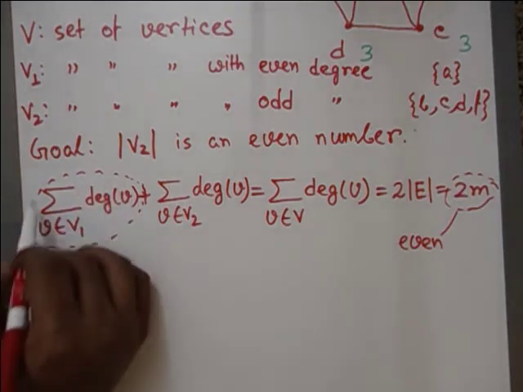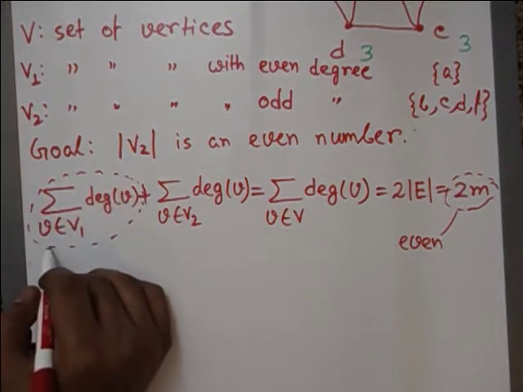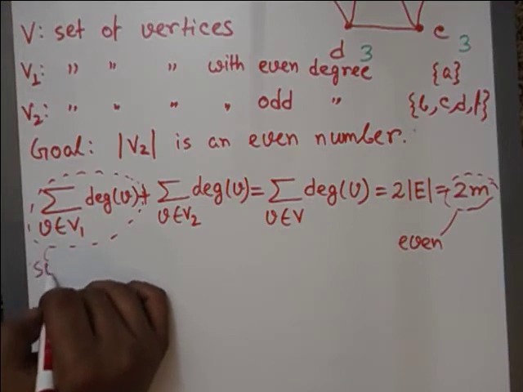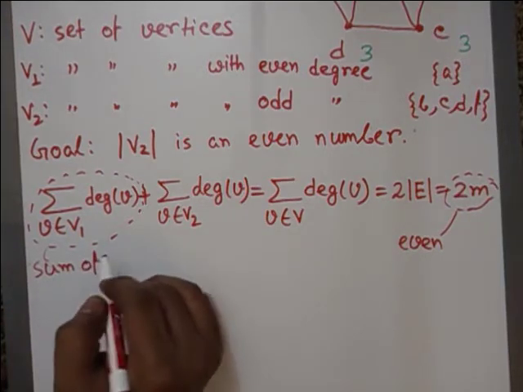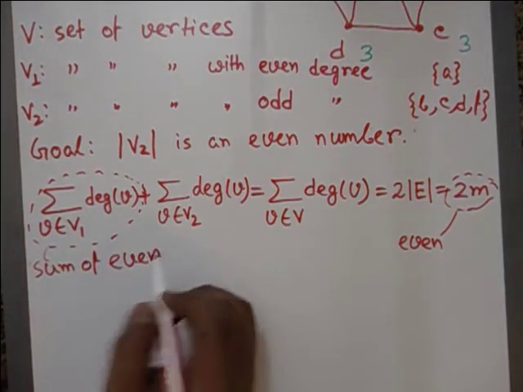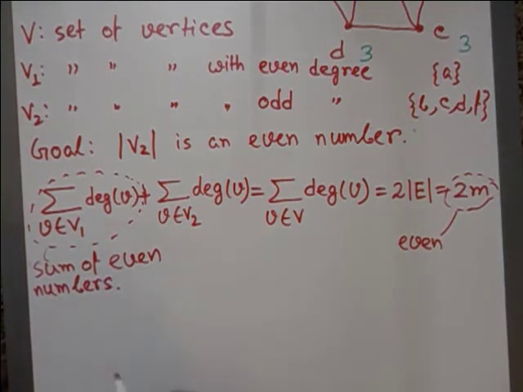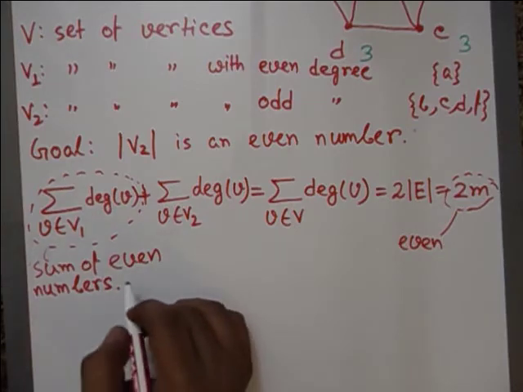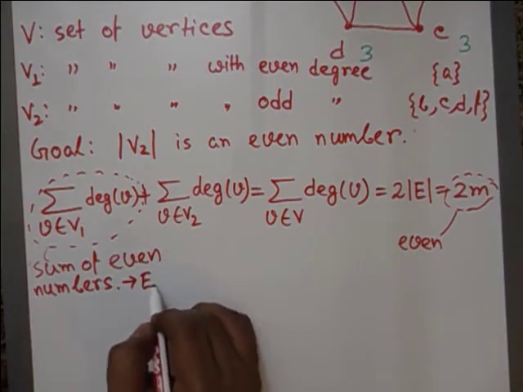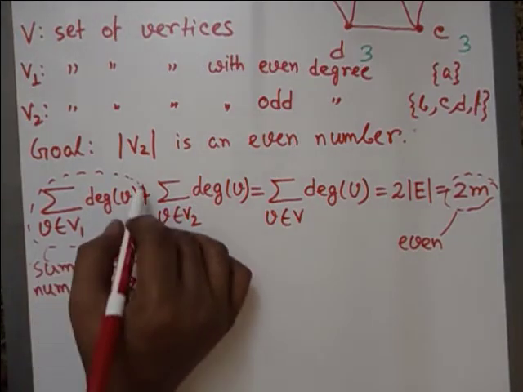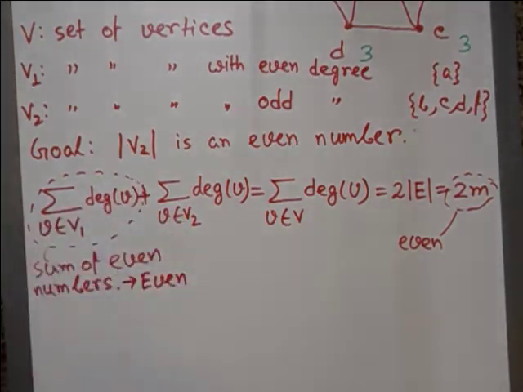So this summation is a sum of even numbers. If you take a lot of even numbers and add them, we know that is itself an even number. The sum, the whole thing, is an even number.